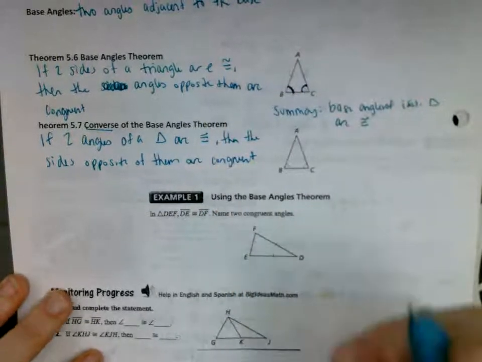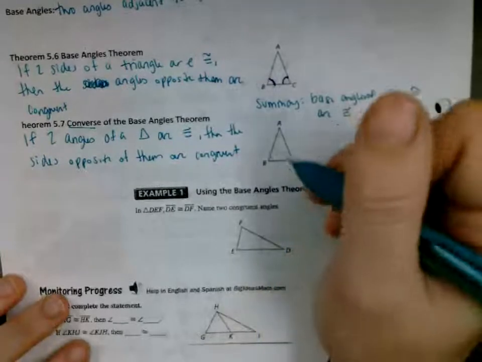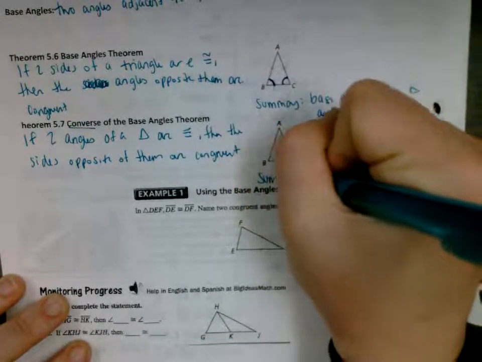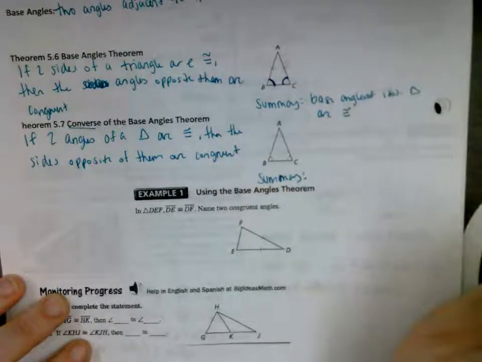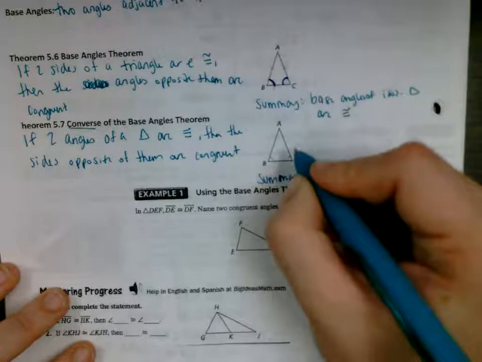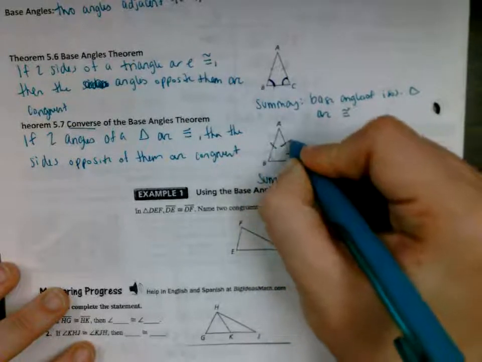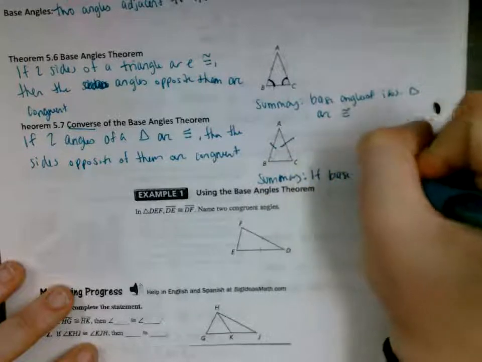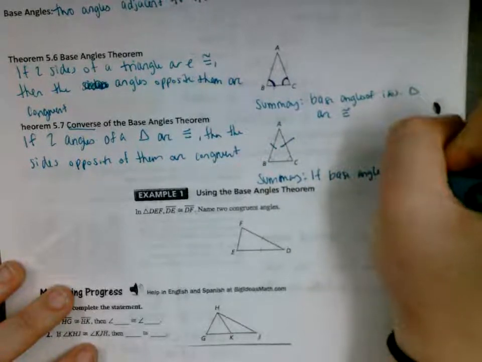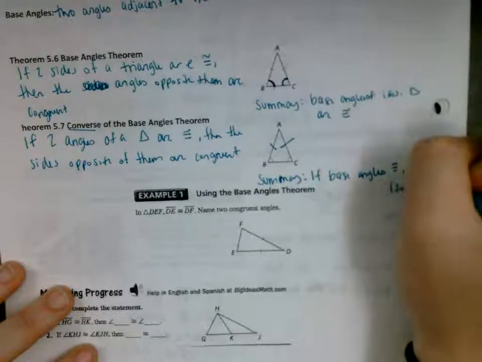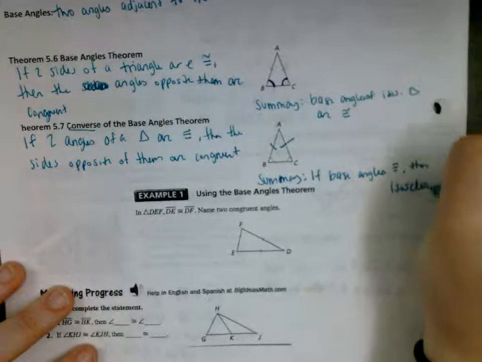Okay, so then this way, this summary, you know if these two angles are congruent, then you know this side is congruent to this side. Okay, so if base angles congruent, then it is isosceles.